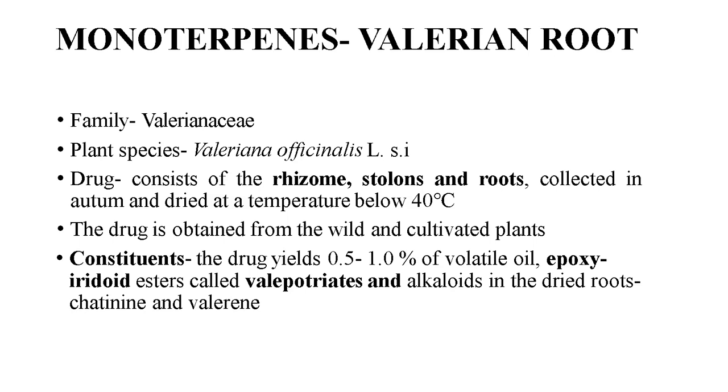It is also obtained from wild and cultivated plants. Its constituents again include iridoid esters, and also alkaloids are there. So here, what was very important is to just know that it's found in the rhizomes, stolons, and the roots.